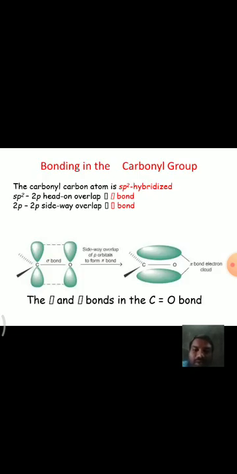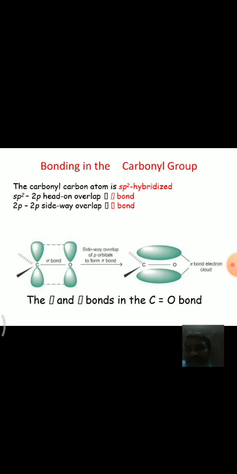Coming to aldehydes and ketones, if we observe the bonding in the carbonyl group, the carbon of the carbonyl group is sp2 hybridized, and there is a double bond between oxygen and carbon. As we know, oxygen has higher electronegativity than carbon, so it drags the electron density towards it.